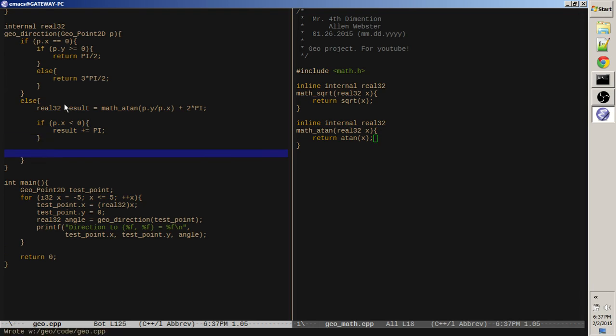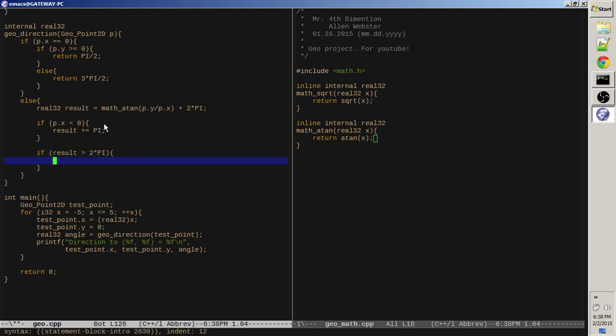This is still going to have to do 3 ifs, isn't it? This is going to do 1 if there, 1 there, because then the last thing we have to do is if result is greater than 2 times pi, then we do result minus equals 2 times pi.